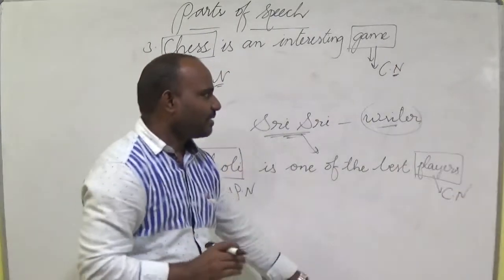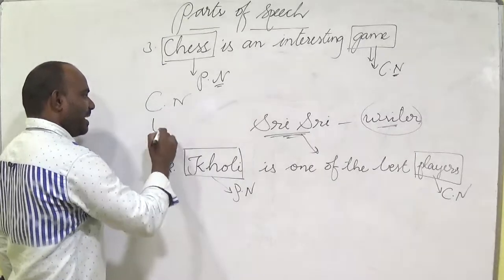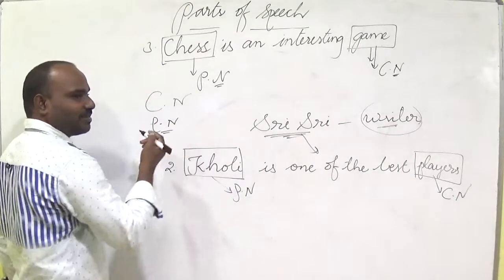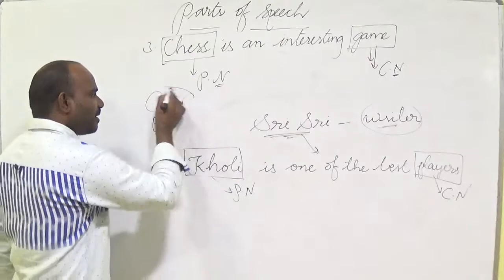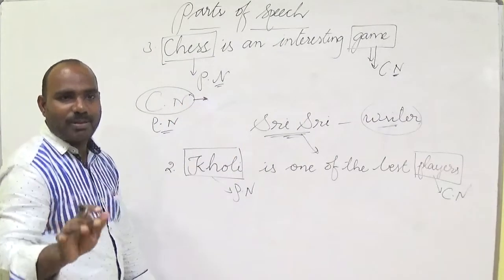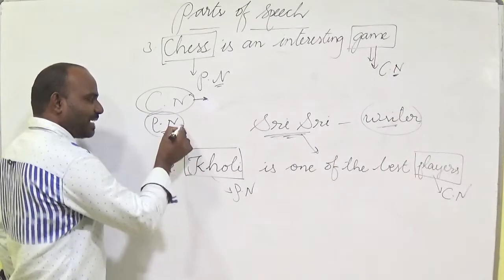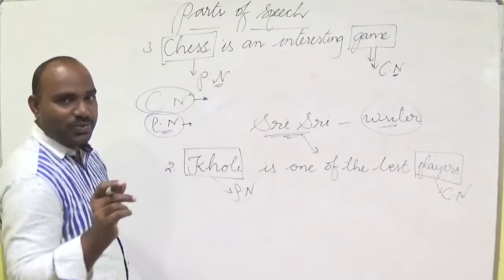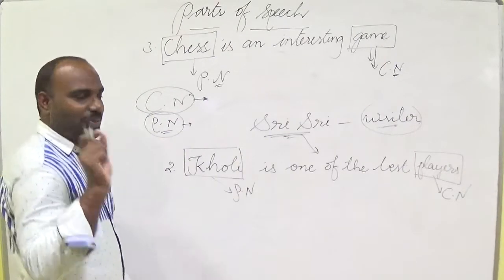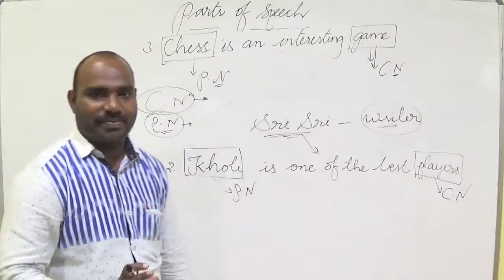I hope you understand the difference between common noun and proper noun. Very simple. Common nouns are used in common to refer to all the people, places, things. But a proper noun specifies or represents a particular name of a person, thing, place, animal, or river.